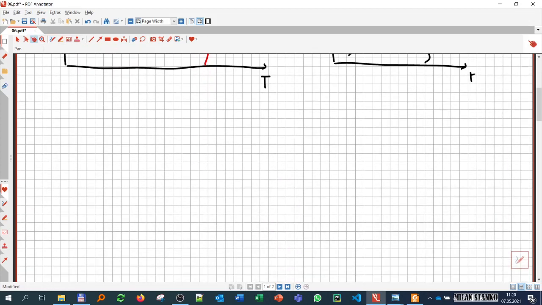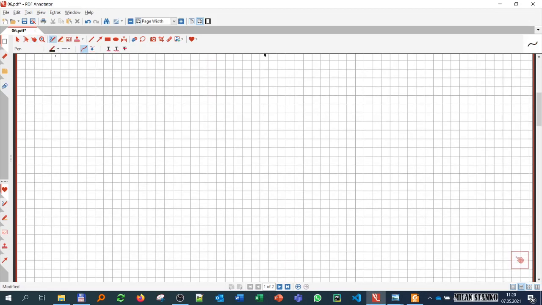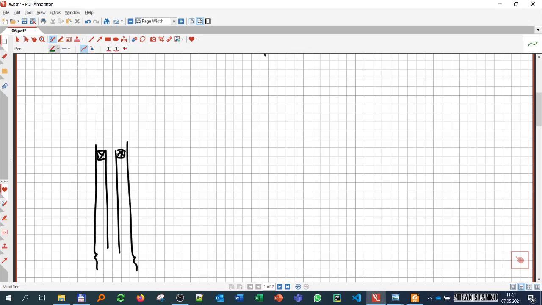So let's do this in an experiment, like if we were in the field. First, let's sketch our production system. So we have our tubing hanger. Here we have our reservoir, that is an oil reservoir, and we say it's an undersaturated oil. And we're going to assume it's a vertical well.